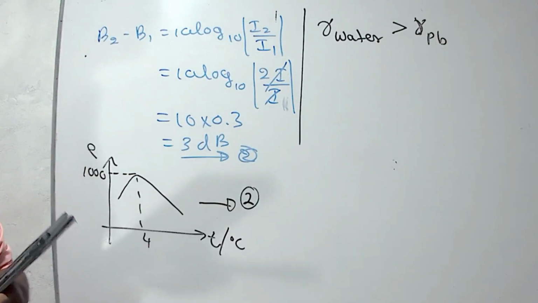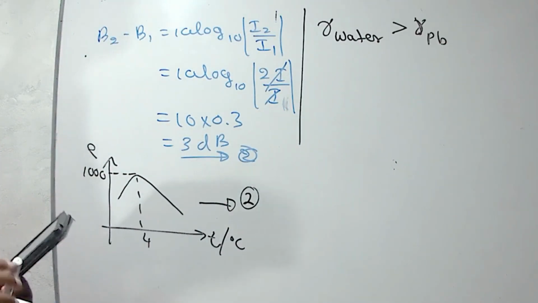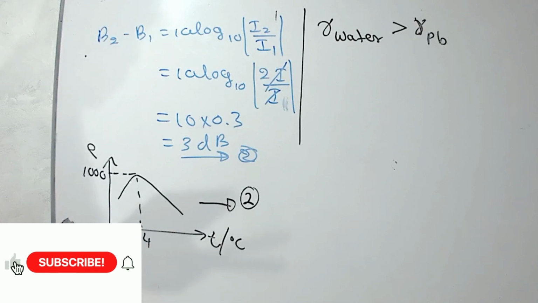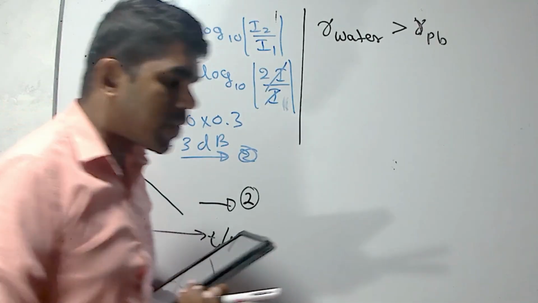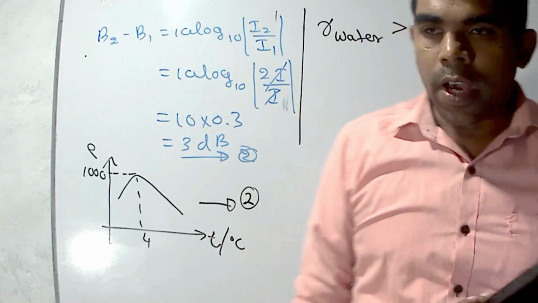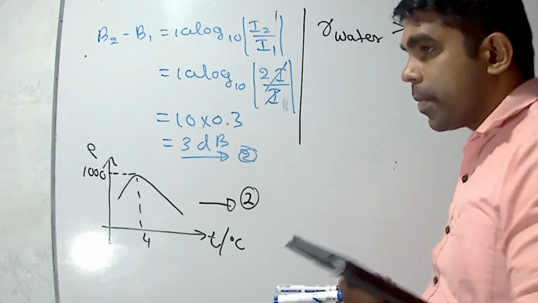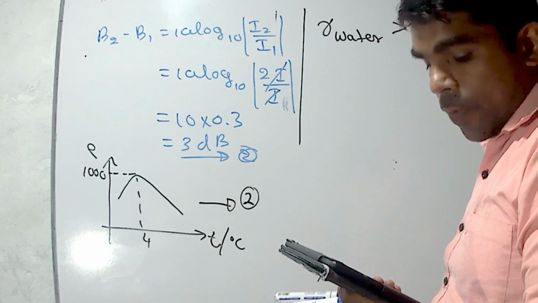We can say the volume expansivity of a liquid is greater than that of a solid. Therefore, we can obtain maximum volume increase of the system when there is a maximum volume of liquid.